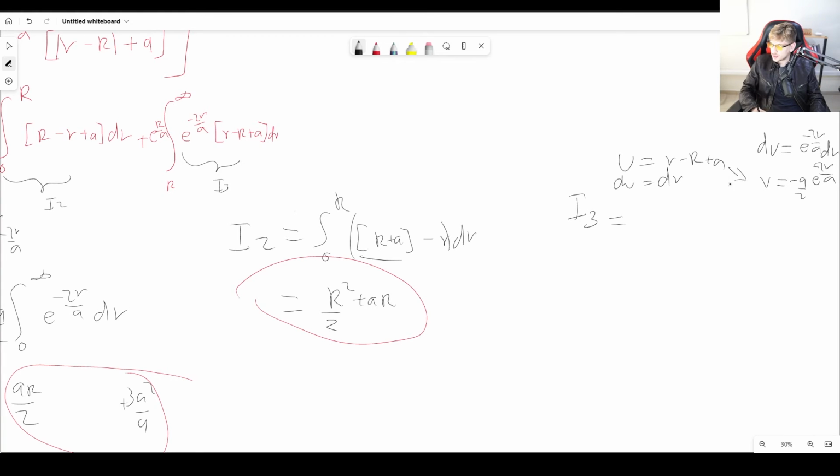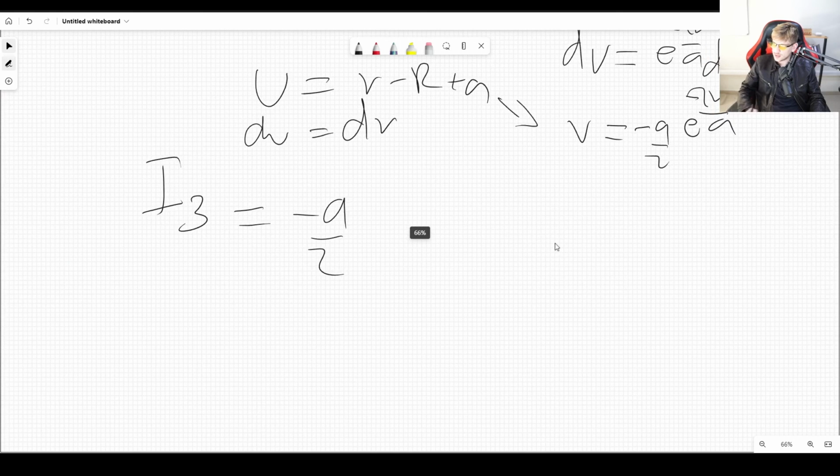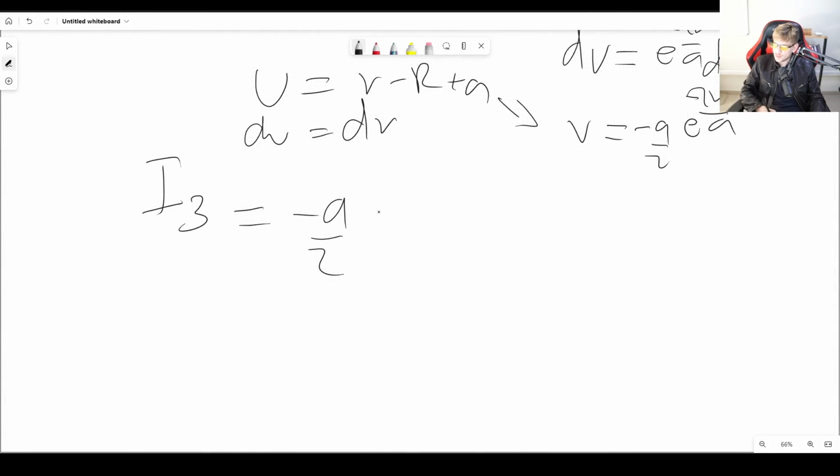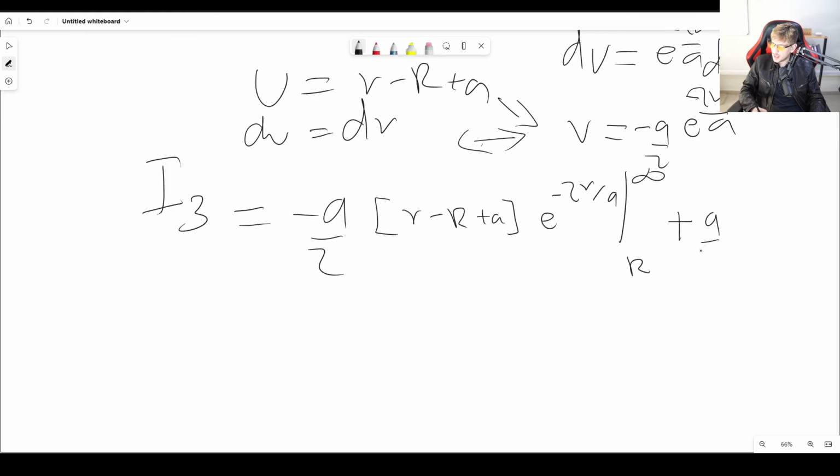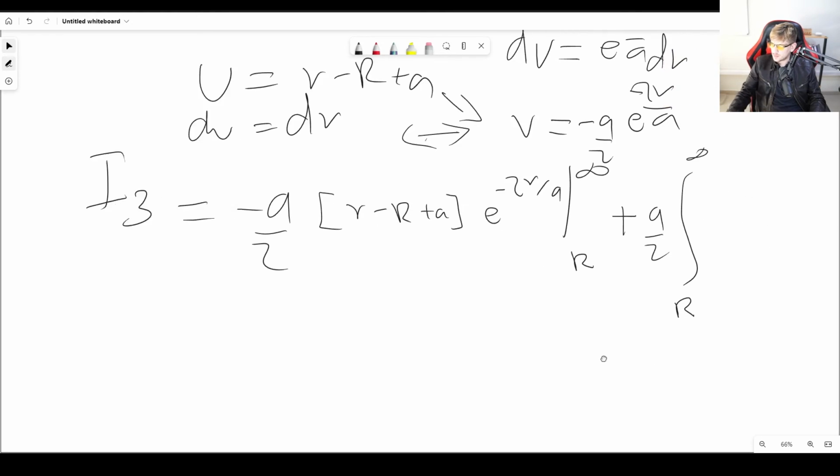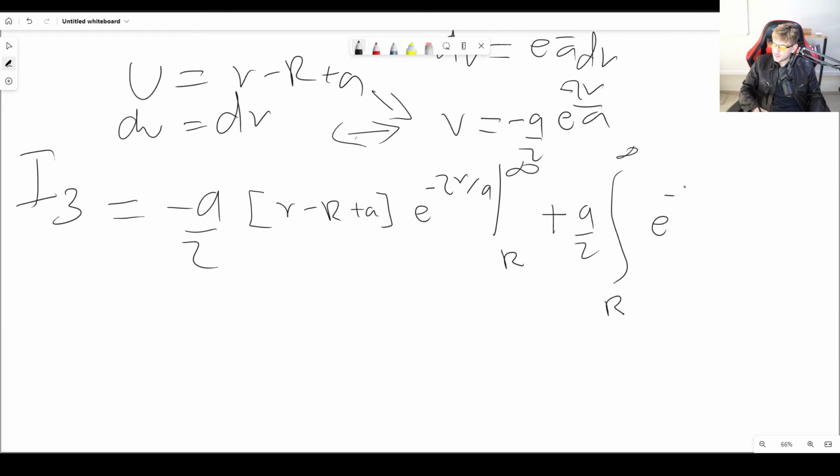So we get the product of these two, minus a over 2, product with r minus big R plus a, e to the minus 2r over a, evaluated between big R and infinity. And then we get minus this product. So we get plus a over 2 integral between big R and infinity of e to the minus 2r over a dr.